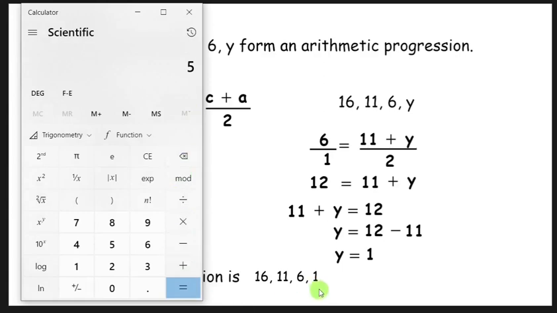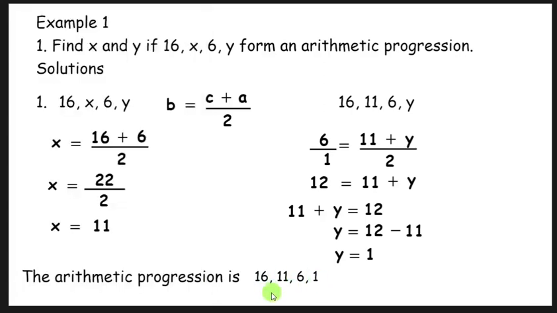Again, let's say we get 6 minus 1. What are we getting? 5 again. So this one is truly an arithmetic progression because they have a common difference between 2 successive terms of the arithmetic progression. Alright, so this is how we find such questions.